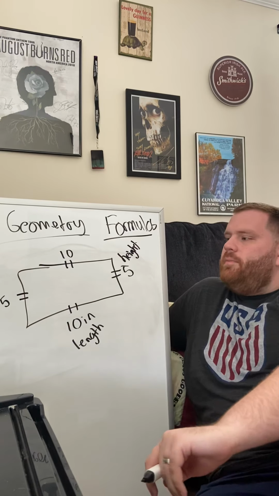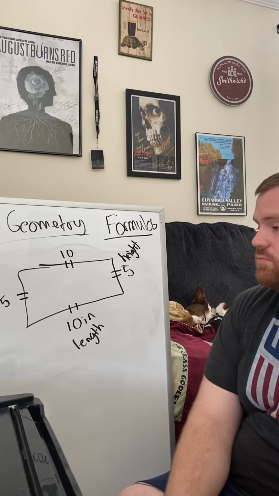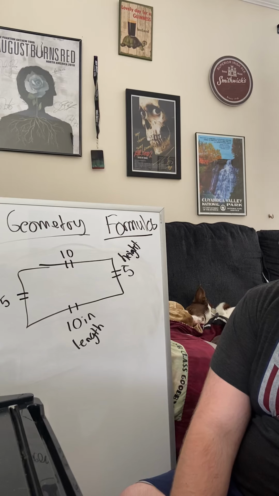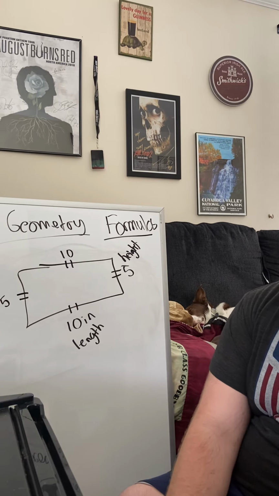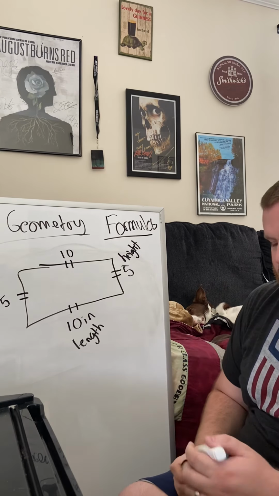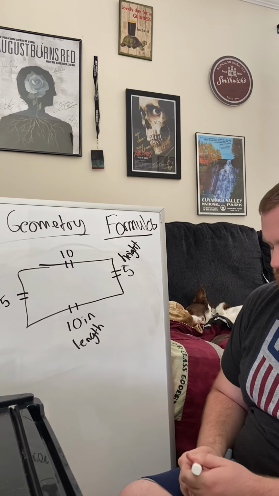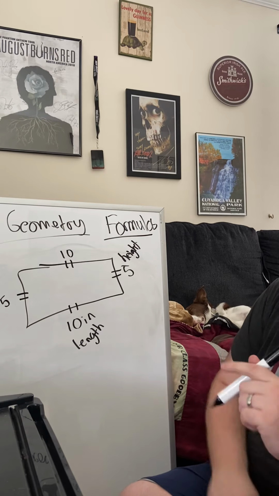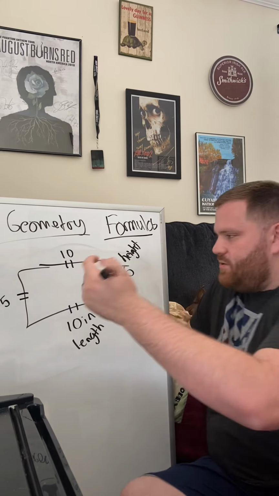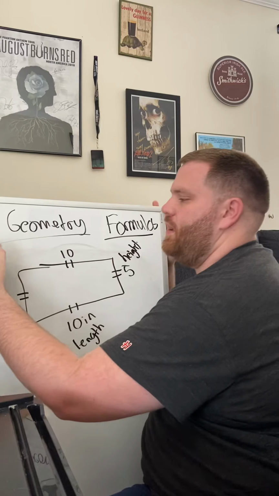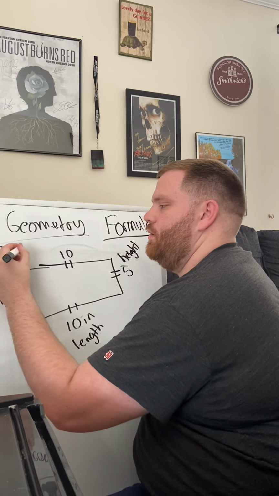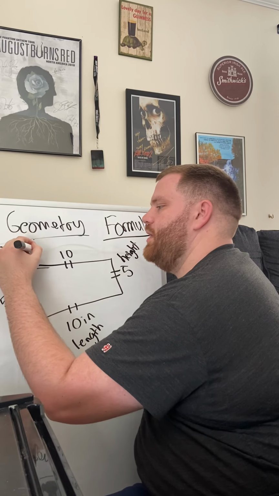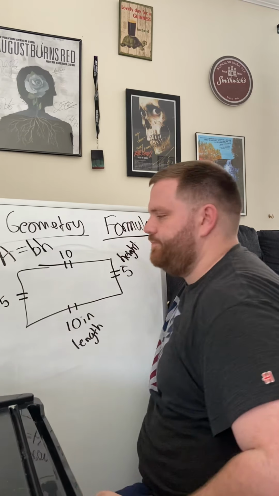So with this rectangle, let's find the area of it. Remember, area is what's inside the rectangle. To find the area of a rectangle, my formula says A equals L, or B, times height.